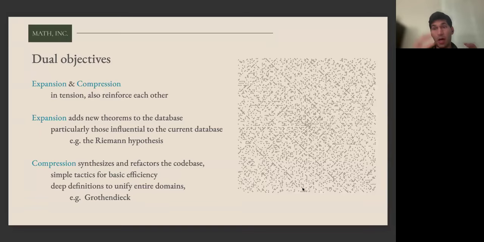A lot of the activities valued in the mathematical community are proving new theorems, proving exciting theorems, expanding this knowledge base, but also taking the existing knowledge base that we humans have constructed and refactoring it, which will give us new insights. Grothendieck is one of the examples I have in mind.